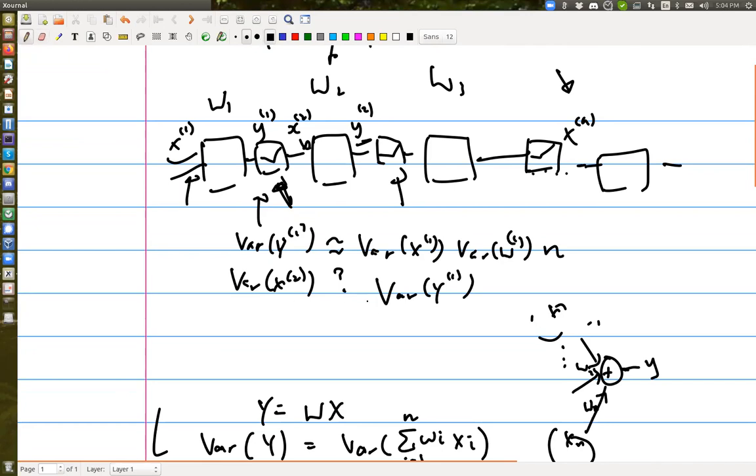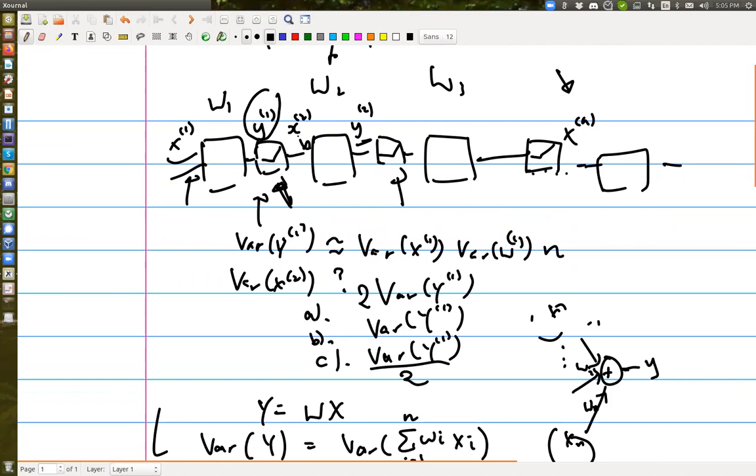Maybe I'll give you some multiple choice again. A is 2 times variance of y, B is just variance of y, C is variance of y over 2. I assume y goes through a ReLU here and then goes to x here. After the ReLU, what do you expect the variance of x to become?